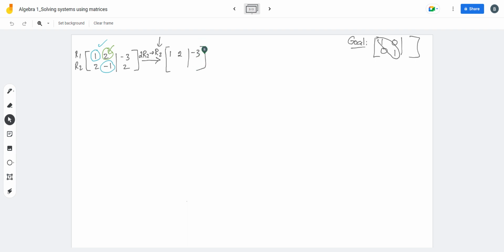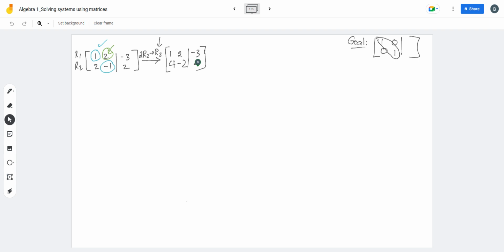All right, now the new row 2. You're going to multiply both sides by the number, so you multiply 2 to row 2. 2 times 2 here is 4, so I write 4 here. Then 2 times minus 1 is minus 2, and then 2 times 2 is 4.